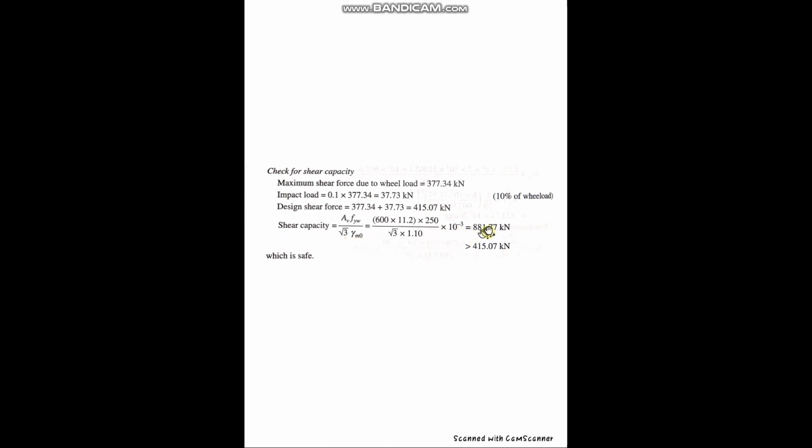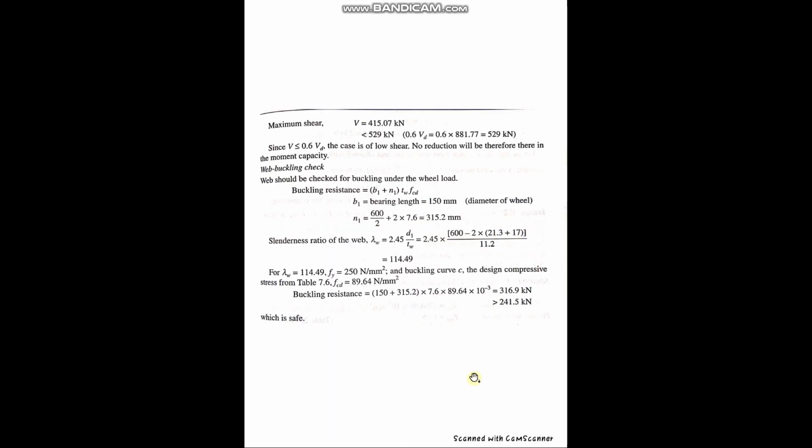All right. So here we can see it is quite large compared to whatever is coming onto the structure. Now we have to check whether it's a high shear or low shear condition. If you find it here, we have a low shear condition. So we need not check for the high shear condition, and no reduction will be there in moment capacity.